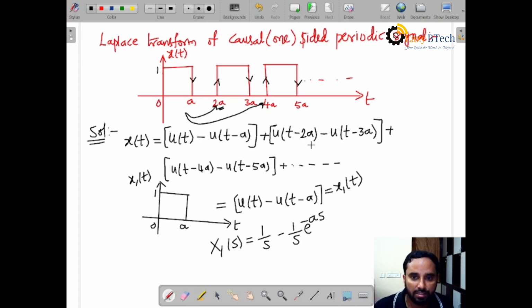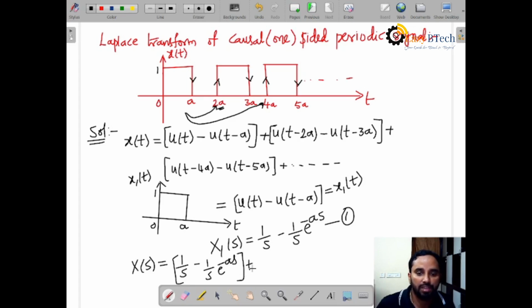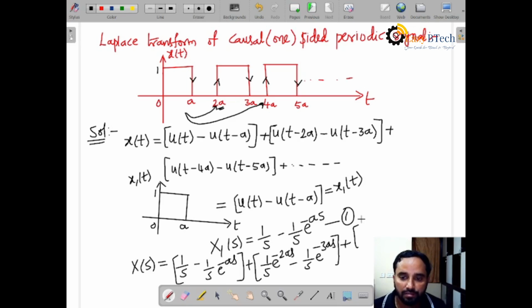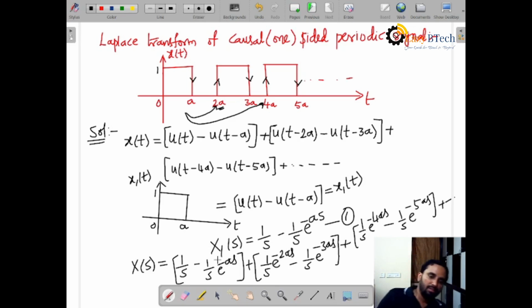So I am writing the overall Laplace x of s equal to 1 by s minus 1 by s e power minus as, the first part, plus 1 by s e power minus 2as minus 1 by s e power minus 3as, plus again 1 by s e power minus 4as, by the time shifting property, minus 1 by s e power minus 5as, up to infinity, and so on.